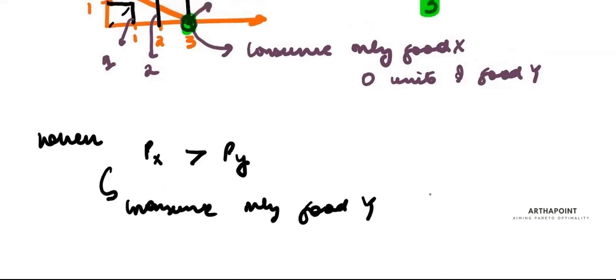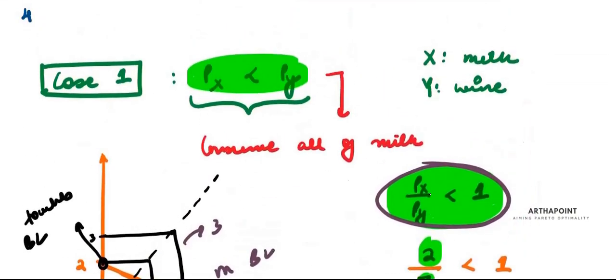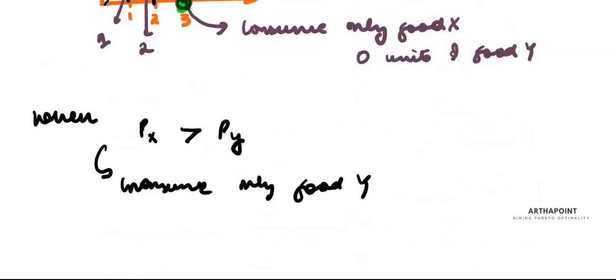But while I am doing this, don't we realize that the max goods are acting very similar to the substitute goods? When the price of good X is less than good Y, you consume only good X. When Px is greater than Py, you consume only good Y. So aren't we acting very similar to substitute goods?